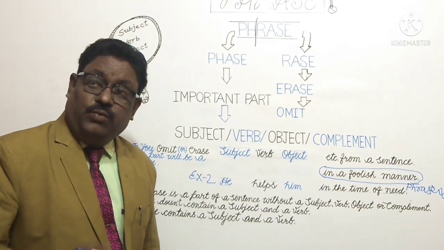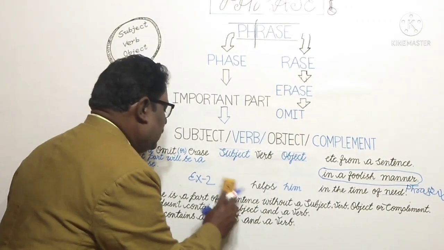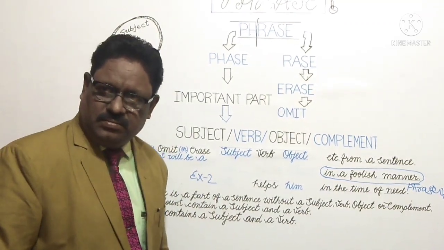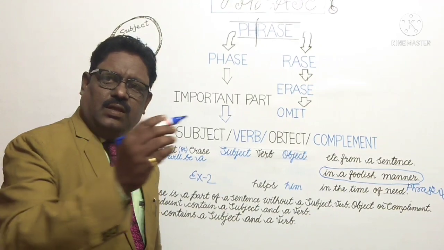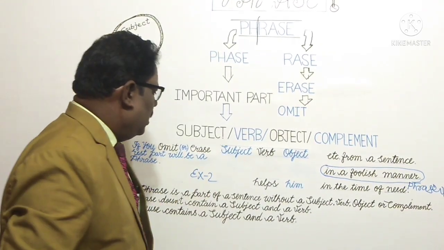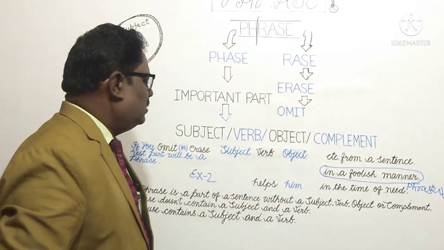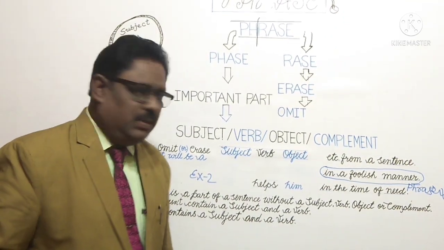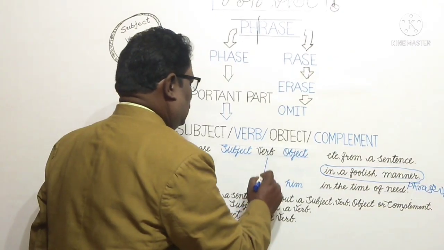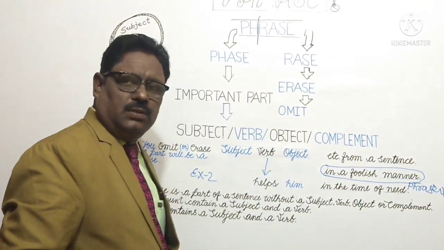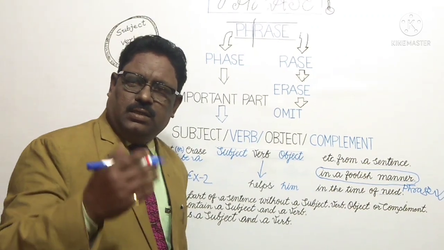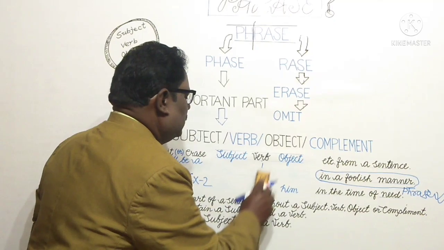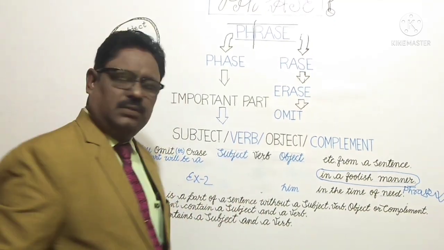And we erase he from the sentence. Now, what is verb in this sentence? The verb is helps. We have to omit the verb of the sentence. Helps is to be omitted.